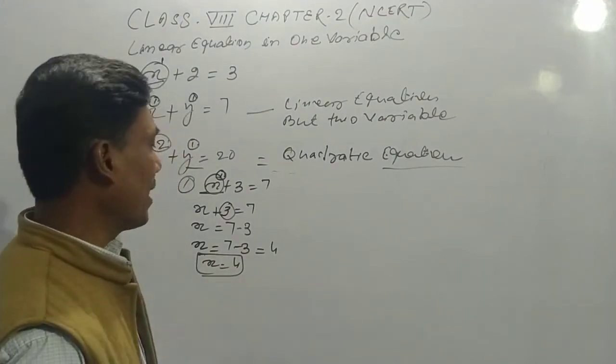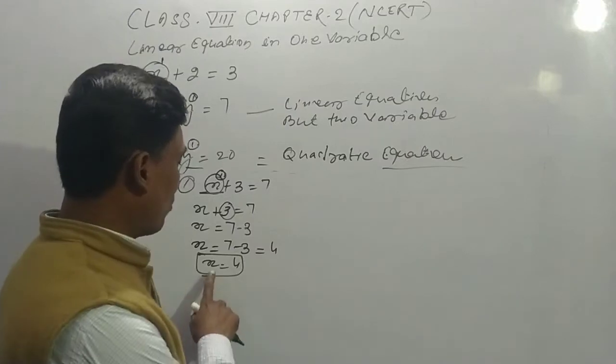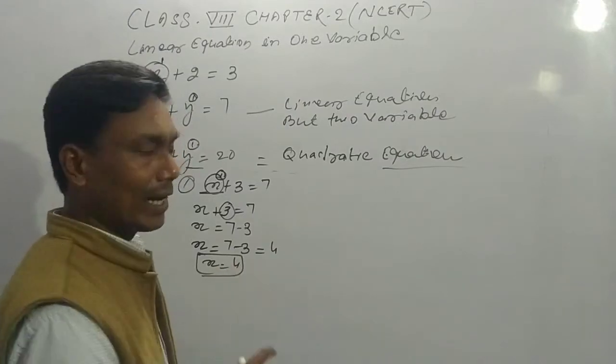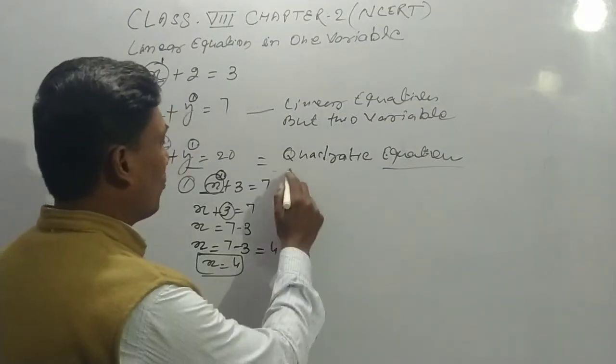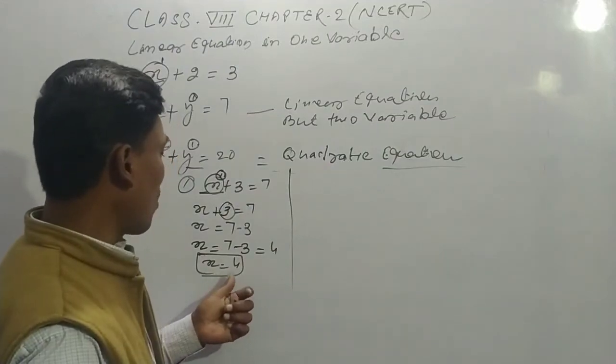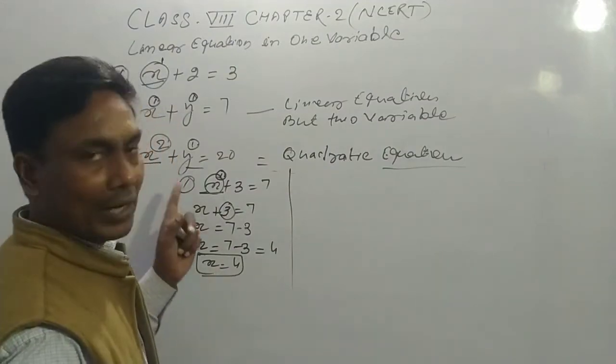We can easily verify whether the value x is equal to 4 is correct, right or wrong, by putting the value of the found variable in the given equation.